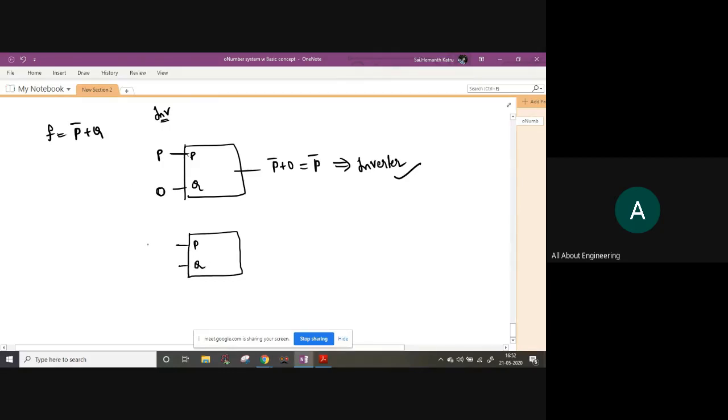P, Q. Now I am thinking to design the AND operation or OR operation. So these two are left. What I'm going to do is give P here, Q here. So what will you get? You will get Q bar plus P.